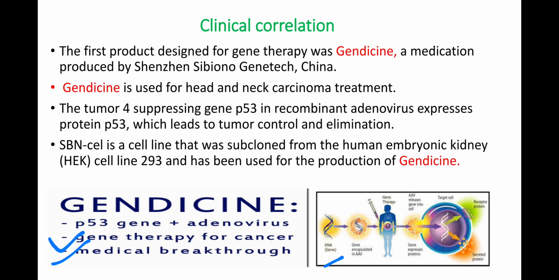The adenovirus carries the P53 gene, they insert it in the human by gene therapy, and the adenovirus releases the gene into the cell. That gene expresses the protein, and that protein targets the target cell.